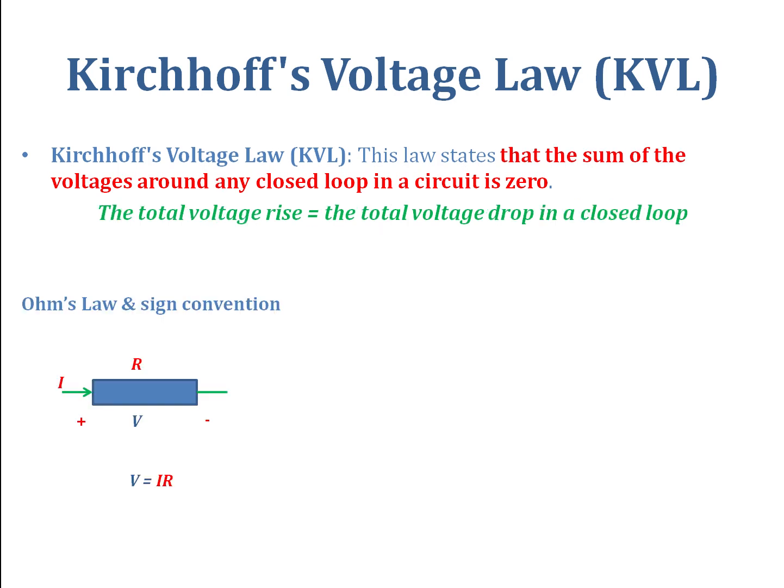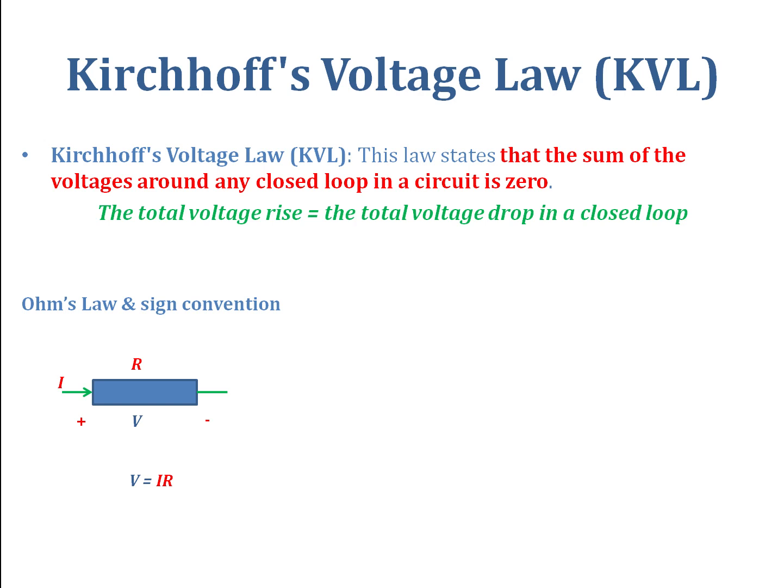Kirchhoff's voltage law follows the principle of Ohm's law. Since it is following the principle of Ohm's law, let's try and understand what Ohm's law is and the sign convention used for current and voltage.